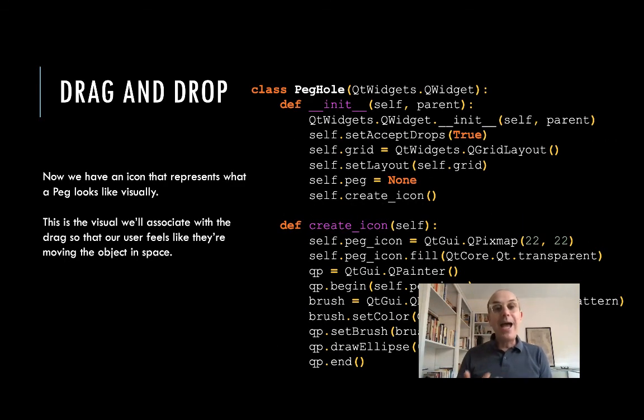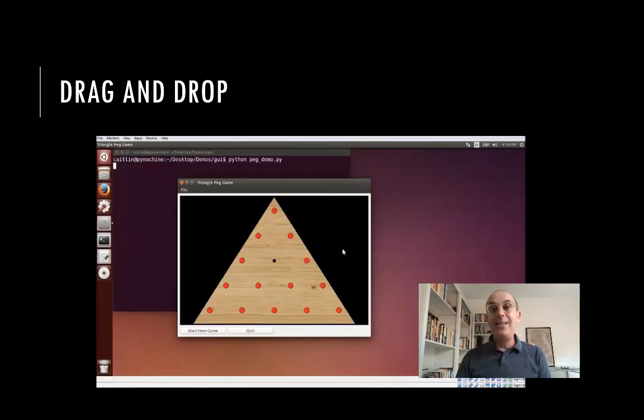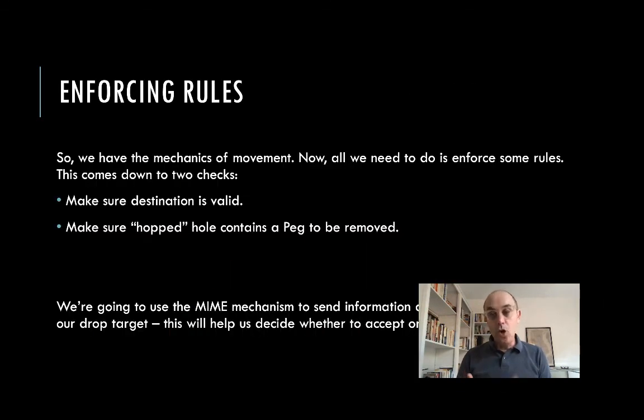And now the icon that appears on the peg looks virtual. So it will be associated with the drag, and will also fill the object in the space. So drag and drop, and in order for us to do that, we also have a mechanism of movement.